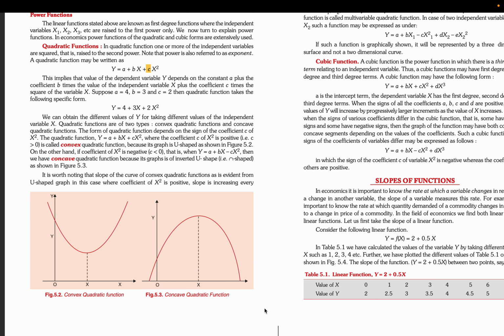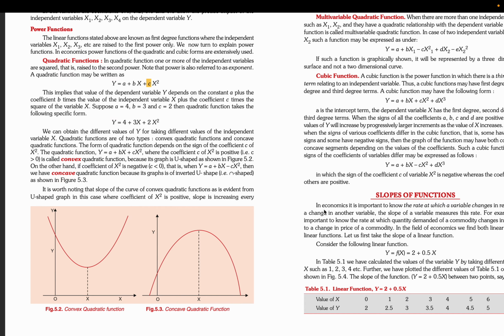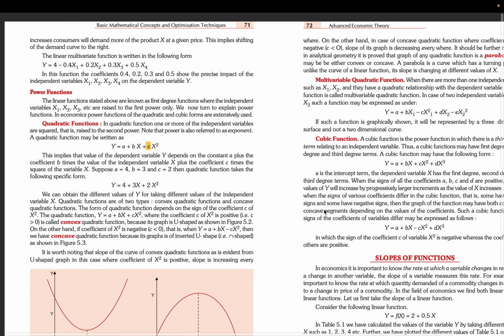It is worth noting that the slope of the curve of convex quadratic functions, as is evident from the u-shape, in the case where the coefficient of x square is positive, is increasing everywhere.